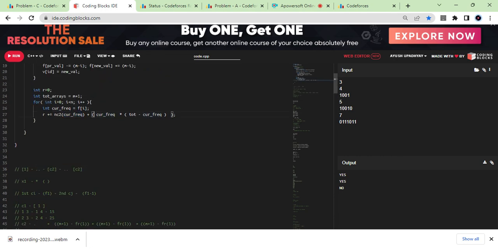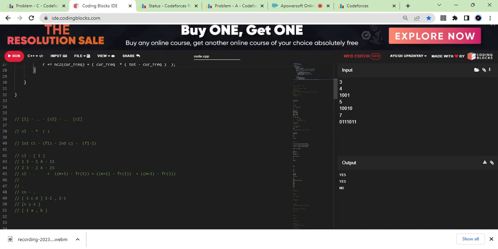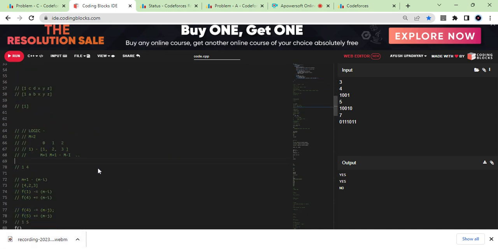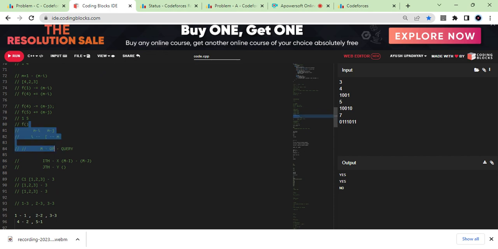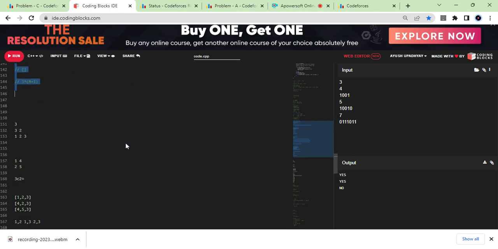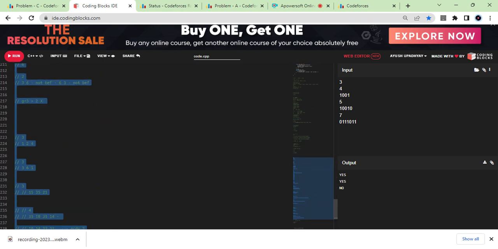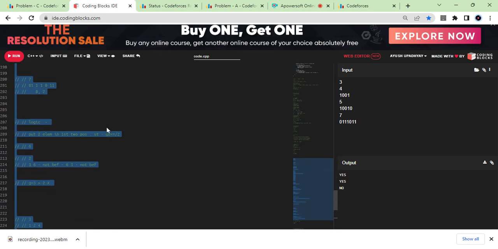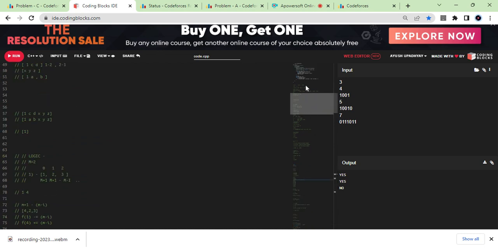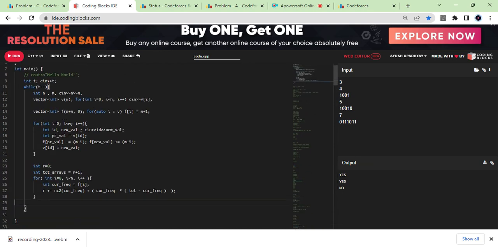So NC2 plus this current frequency into all those which do not have this element, because then also I'll get one plus one for that. I will run this. I think that should be fine. Return your R final.